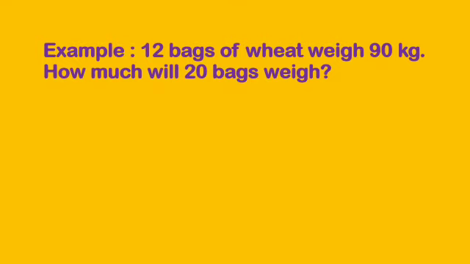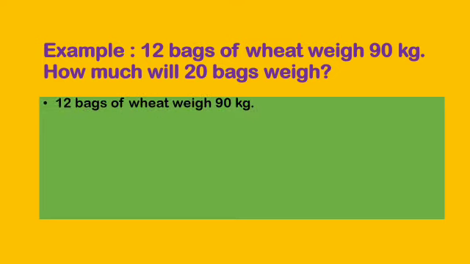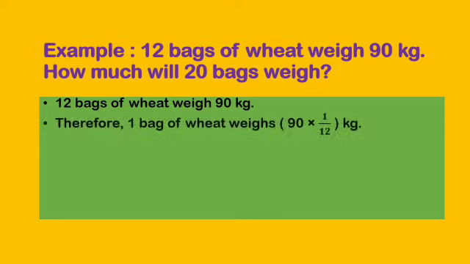Let's take one example. 12 bags of wheat weigh 90 kg. How much will 20 bags weigh? For finding the weight of 20 bags, we will use unitary method. So 12 bags of wheat weigh 90 kg. First we will find the weight of one bag. So weight of one bag equals 90 multiplied by 1 by 12 kg.